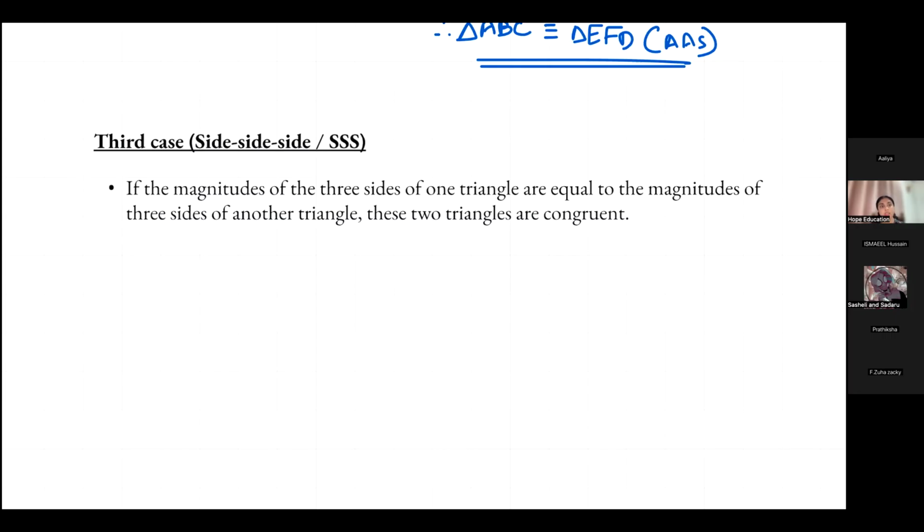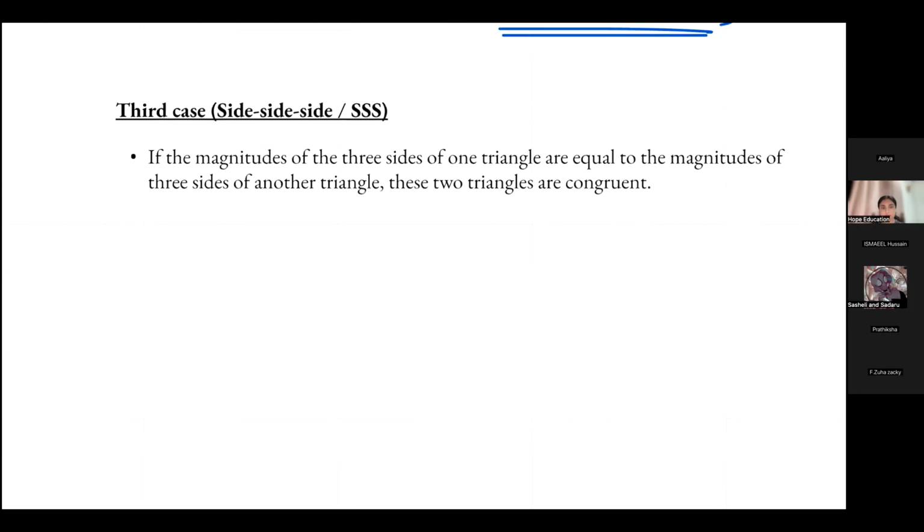Okay. So here, this is how it happens. Let's say we have one triangle like this. The three sides are A, the triangle is ABC.